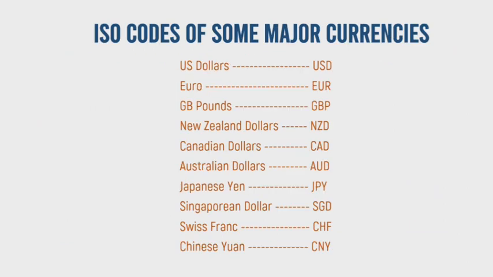Here I've listed the ISO codes of some major currencies: the US dollar, which is USD, the euro, which is EUR, the pound, which is GBP, the New Zealand dollar, which is NZD, the Canadian dollar, CAD, the Australian dollar, AUD, the Japanese yen, JPY, the Singaporean dollar, SGD, the Swiss franc, CHF, and the Chinese yuan, CNY.